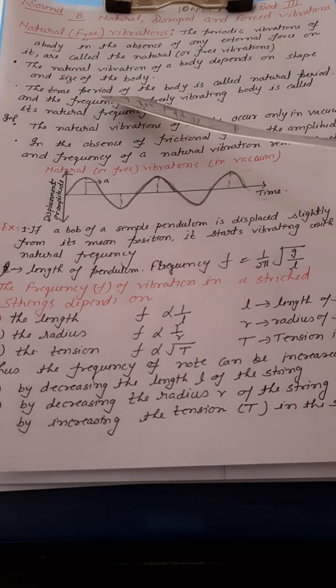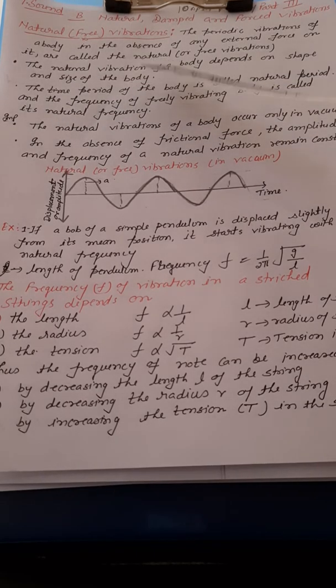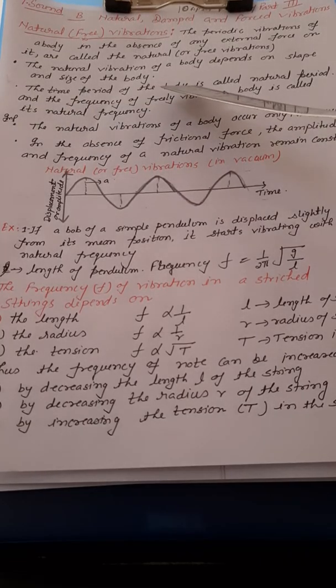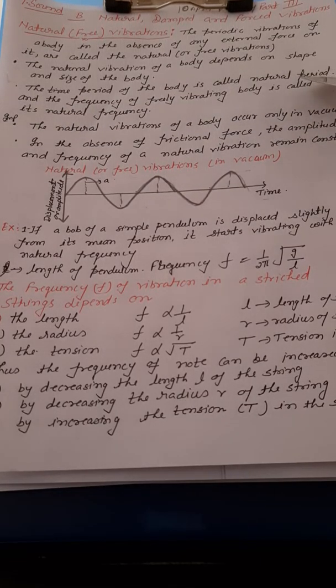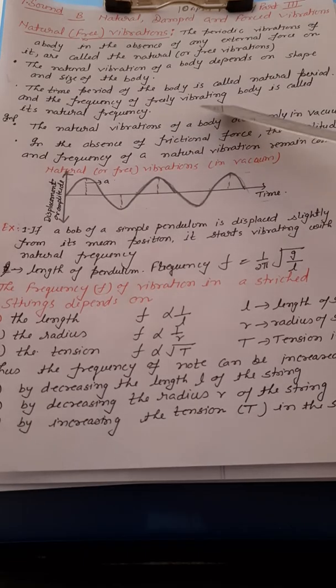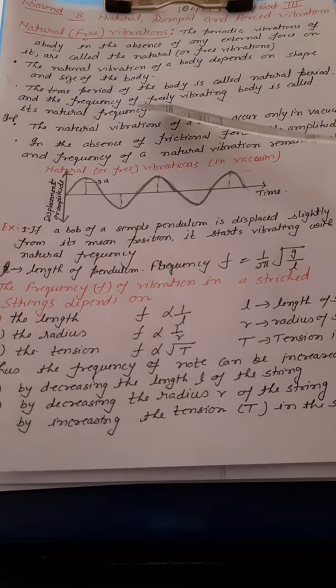This question is asked: what is the factor on which natural vibration depends? The answer is shape and size of the body. The time period of the body is called natural period, and the frequency of a freely vibrating body is called natural frequency.